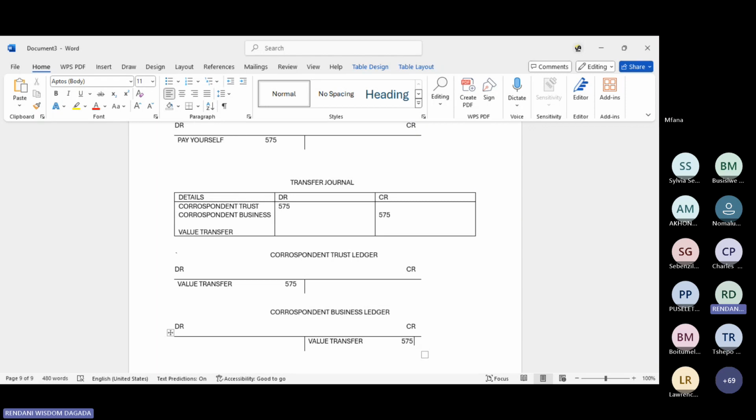Okay, the last step, which is the closing off step, is when you need to refund the client, because somebody asked, what about refunding the client? When you need to refund the client, does it say you must refund the client? Yes, it does say you must fully account to your client.